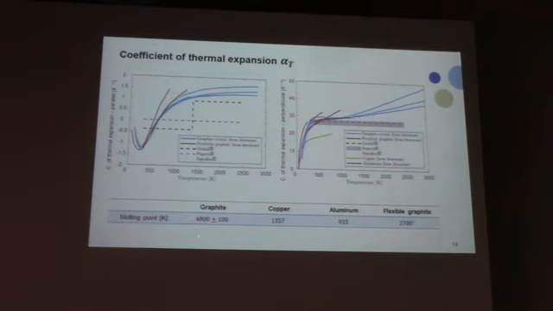It's very high temperature, very high compared to copper and aluminum. And still, flexible graphite has a very high melting point in inert atmosphere, because the risk of graphite when you go to high temperature is oxidation. So it has to be in an inert atmosphere.